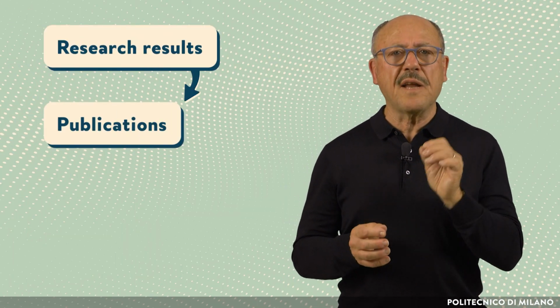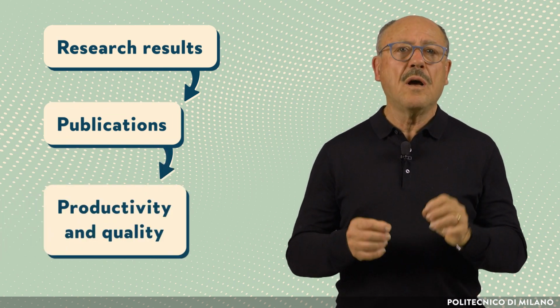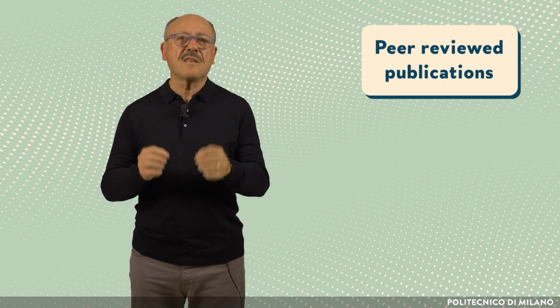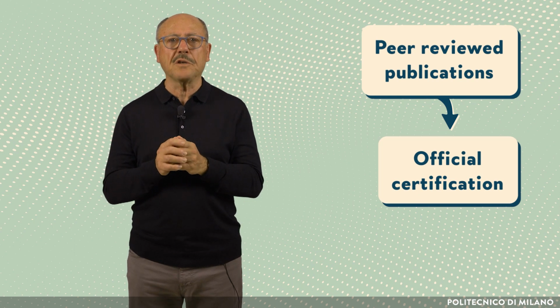Since publications embody research results, it is inevitable to use them to provide some approximate measure of productivity and quality of a researcher. Of course, this is especially true for peer-reviewed publications since they carry a kind of official certification.